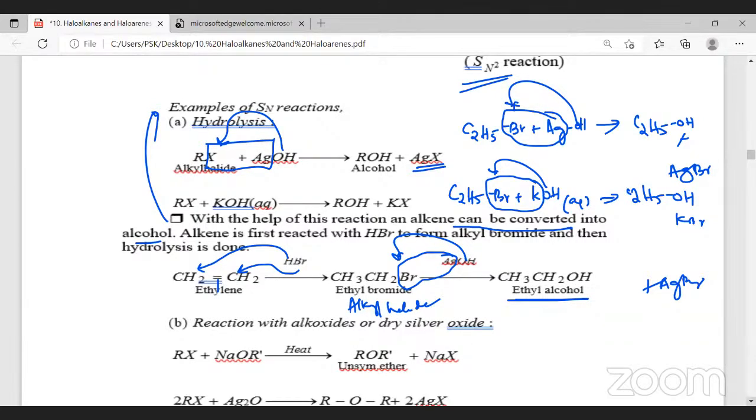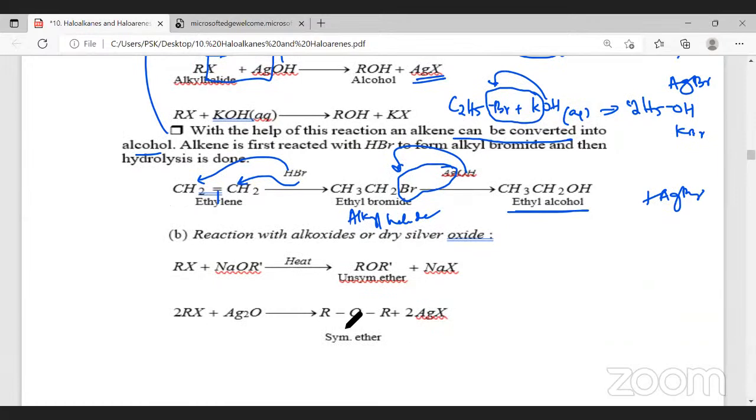Similarly, we learned yesterday reaction with alkoxide. Now, what is this alkoxide? If you take ethanol, this ethanol contains an OH group. If you react it with sodium metal, sodium is more reactive than hydrogen. Therefore, sodium will displace hydrogen to get C2H5ONa.